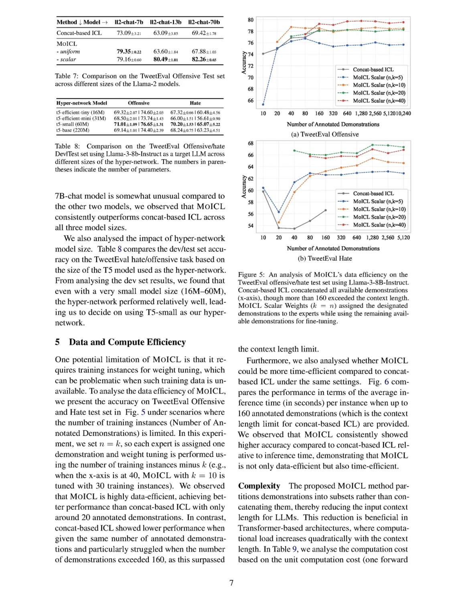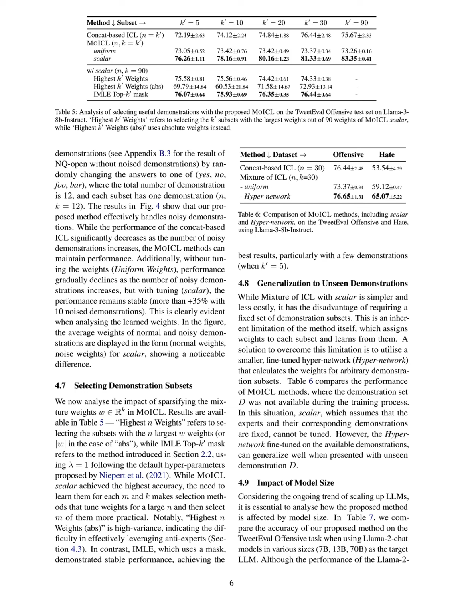Secondly, it significantly reduces computational complexity by partitioning demonstrations into subsets, thus mitigating the quadratic growth of self-attention operations associated with increasing context length in transformer-based models. Additionally, MoICL demonstrates resilience to noisy demonstrations, maintaining performance levels even as the number of noisy inputs increases, unlike concat-based ICL, which suffers a performance drop under similar conditions.